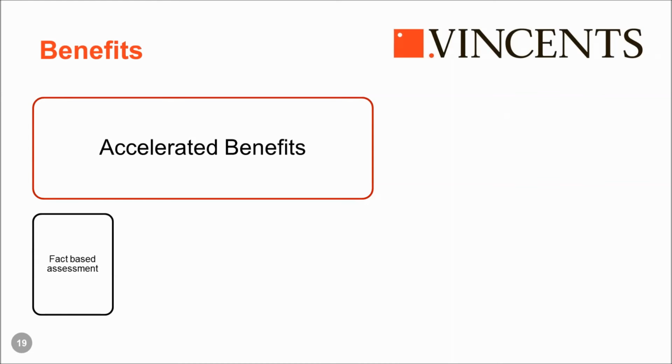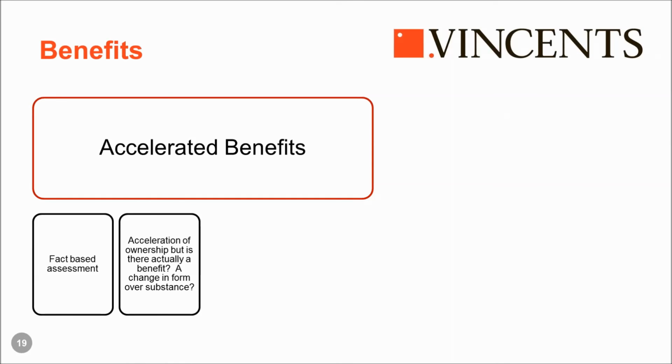The thing to keep in mind is that it's very much a fact-based assessment, and you need to understand whether or not a benefit has actually accrued. There may be an acceleration of ownership, but has it really conferred a benefit to the dependents? And you need to look and see, is there a change of form over substance?